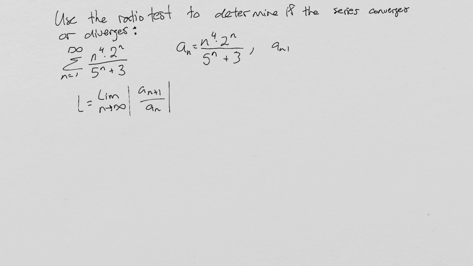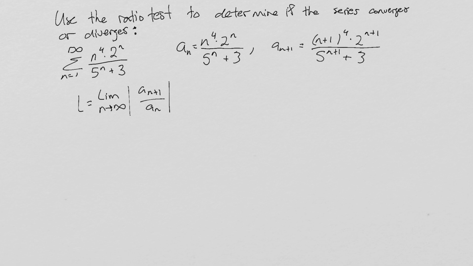Now, my a sub n plus 1, what I do is everywhere there's an n, there's 3 spots, I just replace it with an n plus 1. So let's go ahead and do that. That's equal to n plus 1 to the fourth times 2 to the n plus 1 all over 5 to the n plus 1 plus 3.